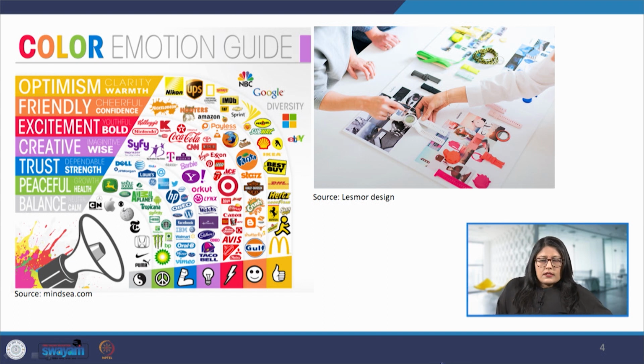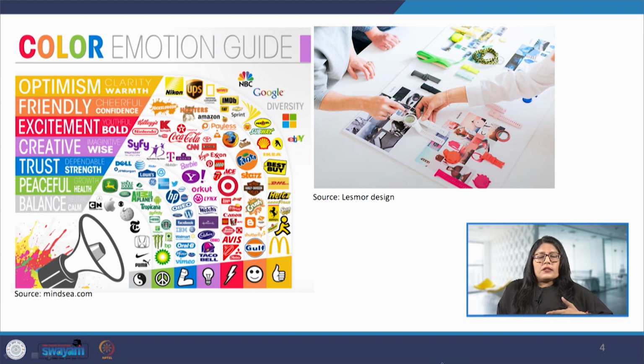If we see this slide, we can see how color gives us a clue. This is almost a universally accepted norm where certain colors stand for certain emotions. There are a number of logos of different services that we interact with on a daily basis, like Yahoo and Firefox, and we can see how different colors get across the feeling of optimism, friendliness or creativity.